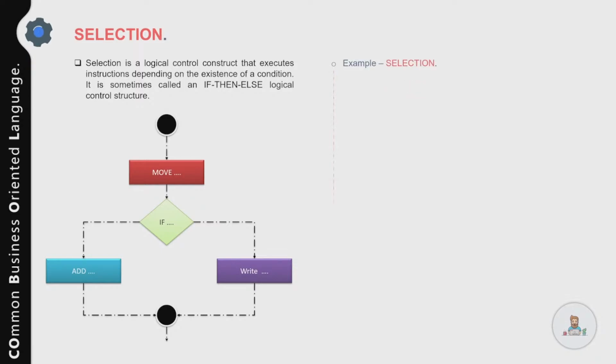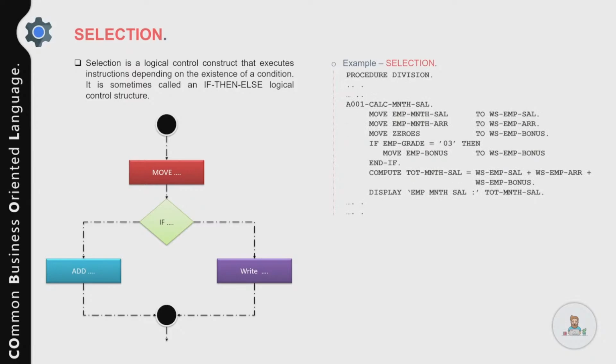So if you look at the right hand side of your screen, again we have the same procedure division which is extracted from an actual COBOL program, and you have a paragraph that is A001-CALC-MONTH-SALARY. So in this paragraph you have a couple of move statements, and there is one move statement that is initializing employee bonus with zeros. That is again a figurative constant that I've used in this case.